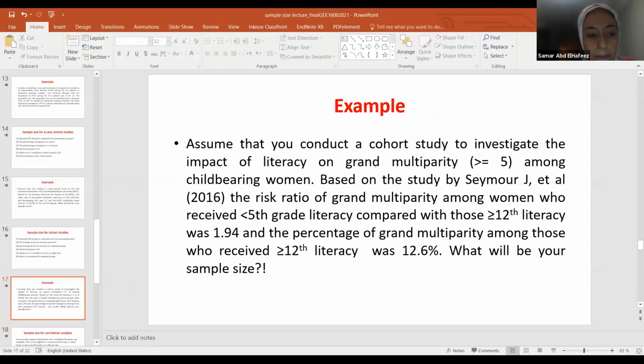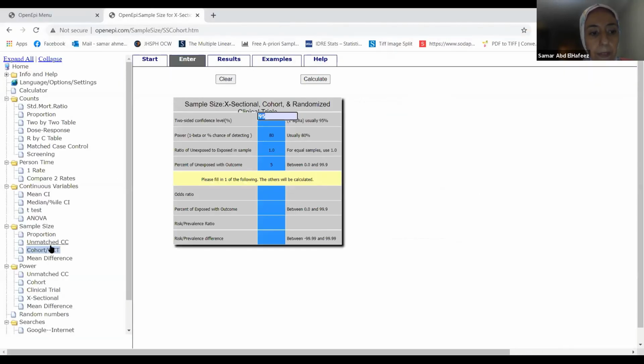I will go to the same software, and it's a cohort study. So now I have chosen the cohort study. The same scenario: the confidence level 95, the power 80, and the ratio 1.